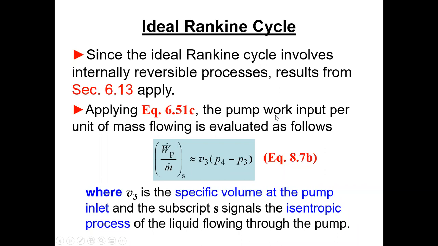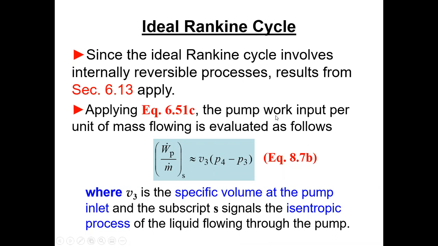And so you get the specific volume at 3, which is considered constant. In reality it's not completely constant, but the convention is we take it at the inlet. So that's why we show the specific volume at 3 times the pressure increase in the pump, because P4 is greater than P3. So that's going to give a positive number.